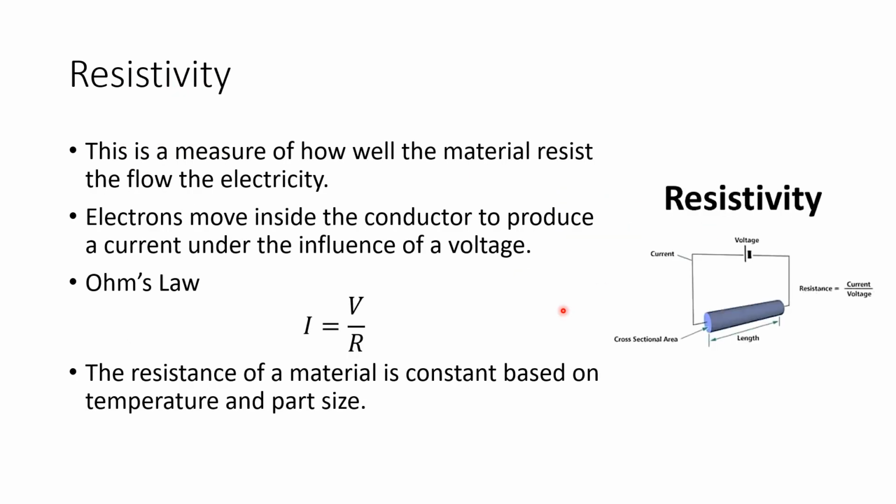Resistivity is pretty important. Your resistors, oh my gosh, are incredibly powerful if you apply them in computer circuits. This is a measure of how well the material resists the flow of electricity. Electricity is nothing but the flow of electrons.